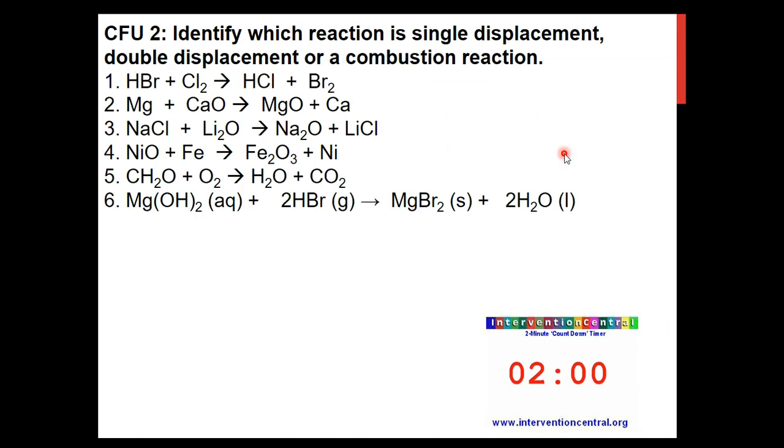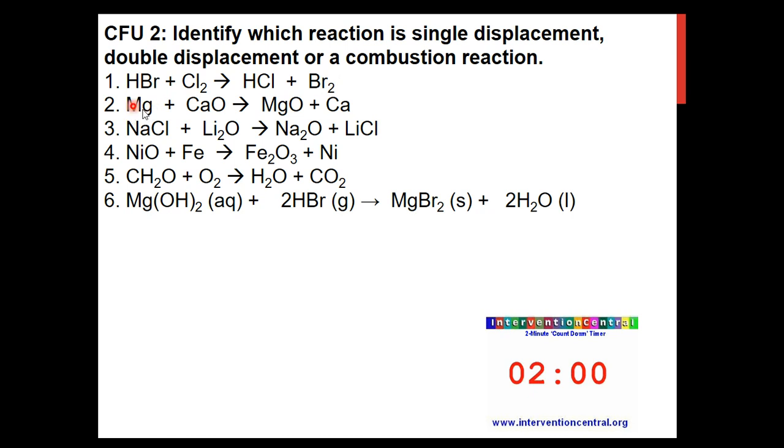All right, now let's try single replacement or displacement versus double or combustion. Here we have HBr as a compound, Cl2 is an element. So even though there's two of them, that's still a single. We're going to call that a single, making a new compound and a new single. So this is single replacement.